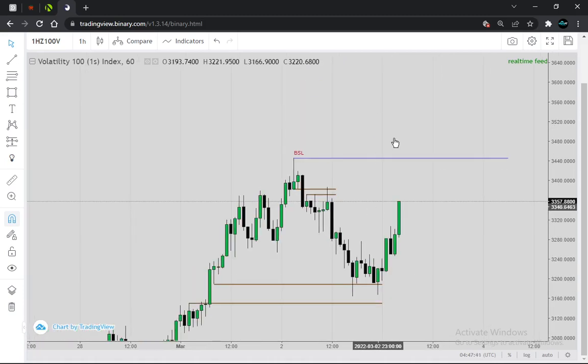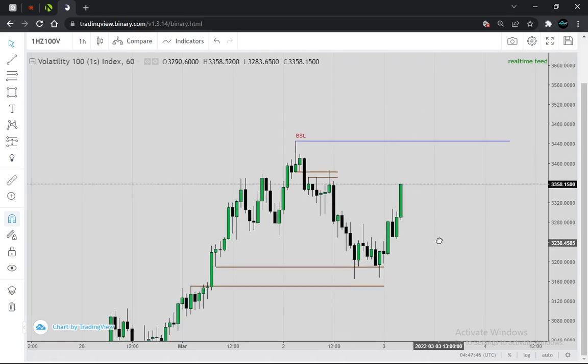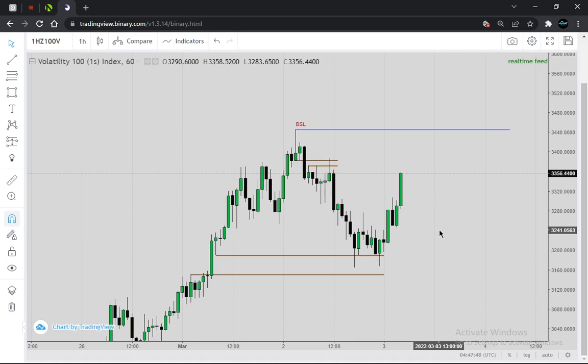Since you got more imbalances to be filled at the upside on the 4 hour chart and the daily chart, what I can do, I can go short there, target that fair value gap, exit, and look for possible buys. So like here, that fair value gap already reacted, so we're targeting the buy side liquidity right there. But as you can see, price did not close inside the fair value gap.